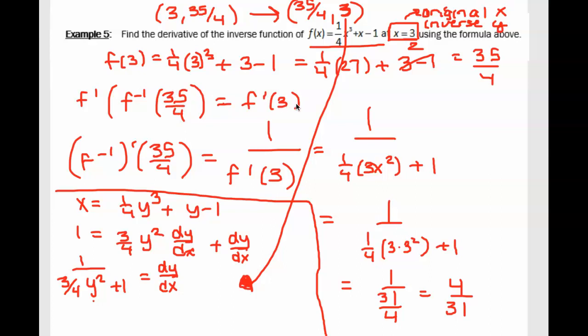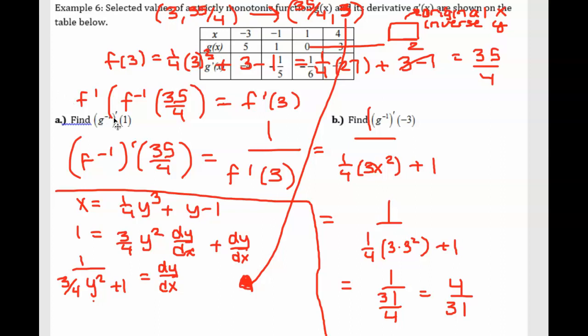So in this problem here, you actually don't even really need to know what g inverse is, because you're looking for f prime of 3 on the original. My original point is (3, 35/4). My inverse point is (35/4, 3).